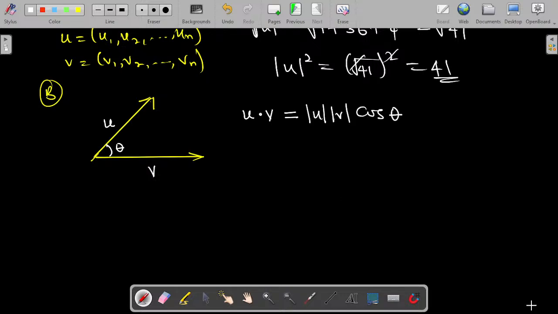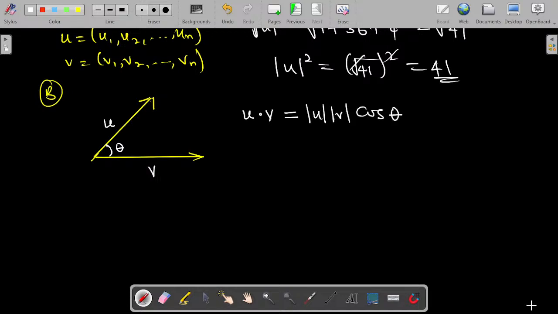So magnitude of v multiplied by magnitude of u, all multiplied again by cos theta, where theta is the angle between u and v. Okay, look at this example.